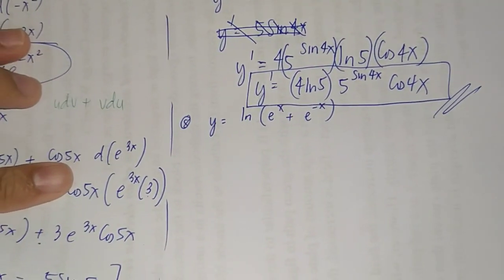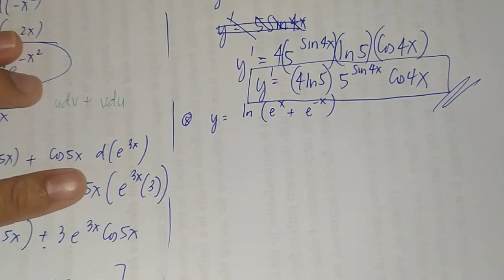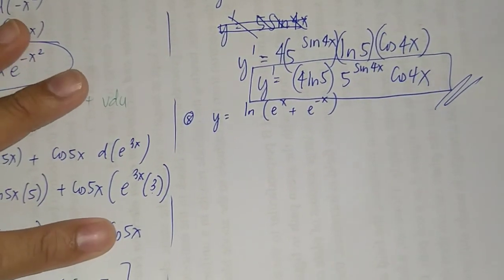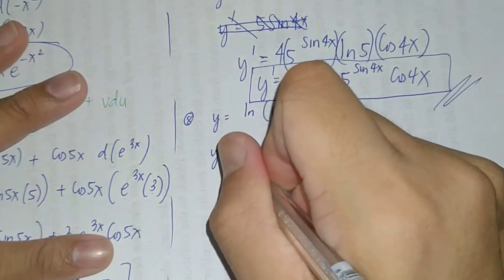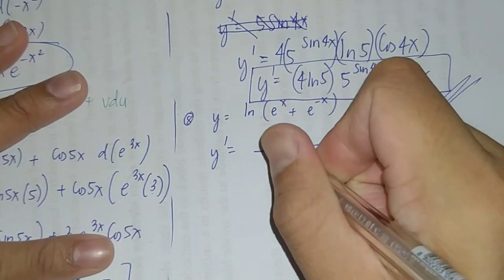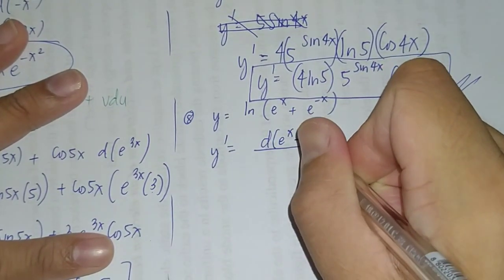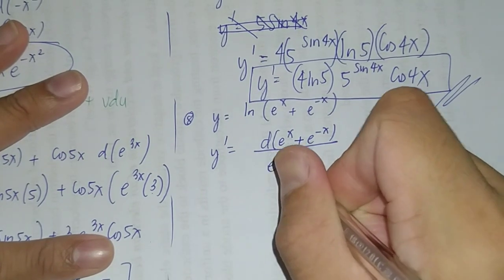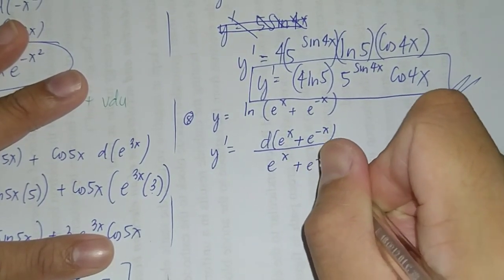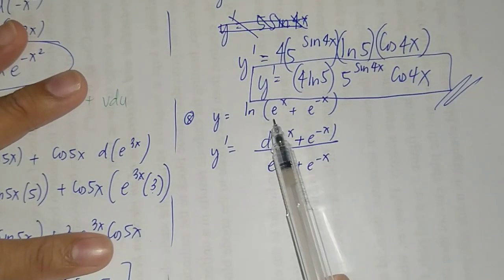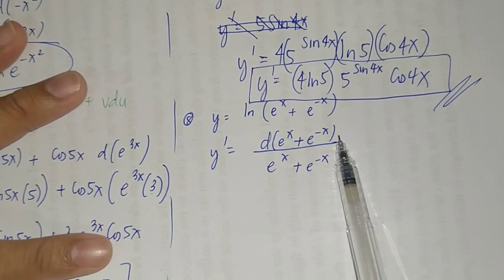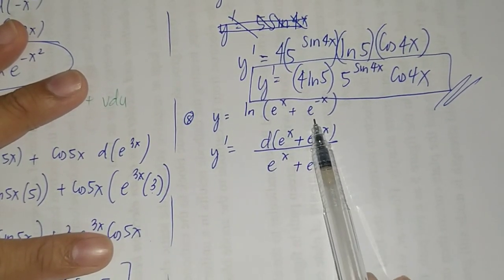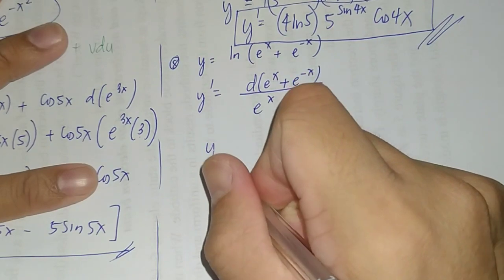So number 8, that's y is equal to ln of e to the x plus e to the minus x. So your y prime here is the derivative of e to the x plus e to the minus x over e to the x plus e to the minus x. That's derivative of u over u since ln u siya. So I just need to take the derivative of your numerator.